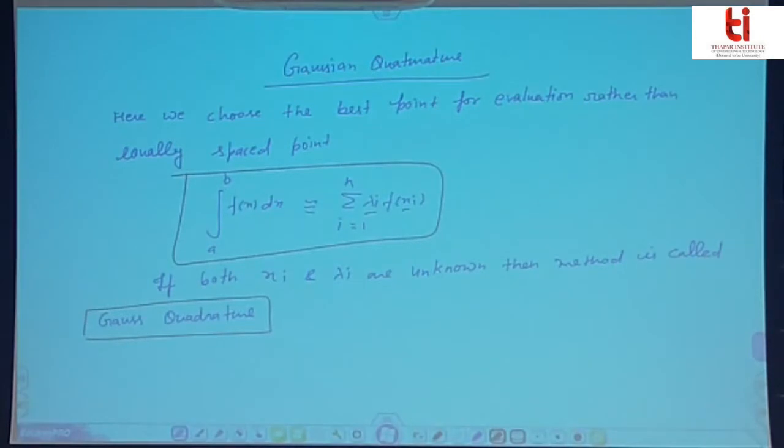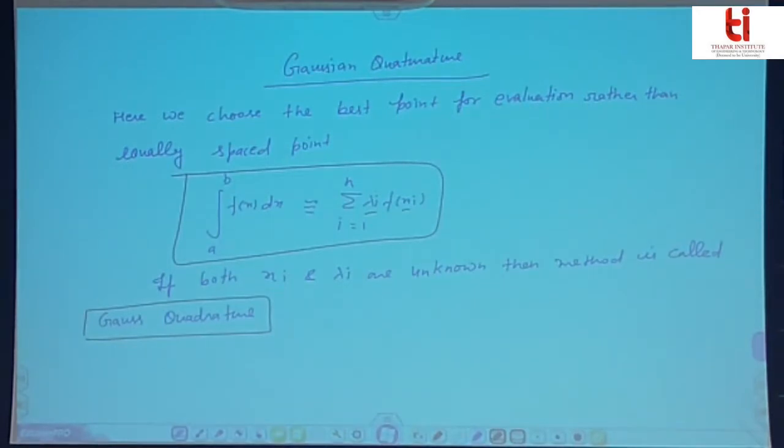In the Newton-Cotes formula, what are the x_i points? Those are the nodes that divide the whole interval into equal subintervals. And what are lambda_i? They are the weights that we compute with the help of the Lagrange polynomial or any other interpolating polynomial. In this lecture series, we have discussed only the Lagrange interpolating polynomial.